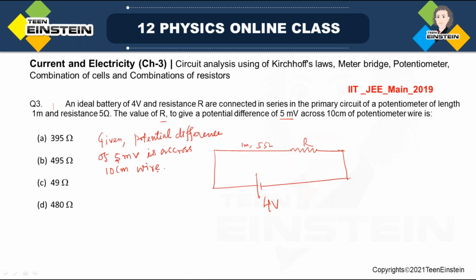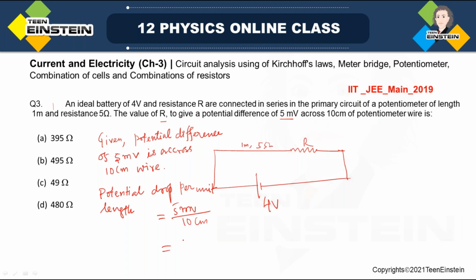Then the potential drop per unit length will be 5 millivolt divided by 10 centimeter.